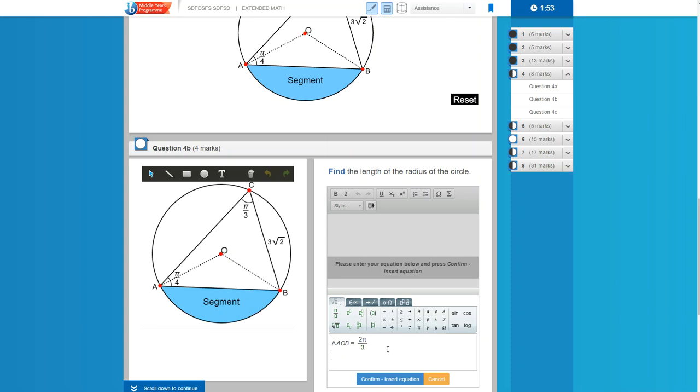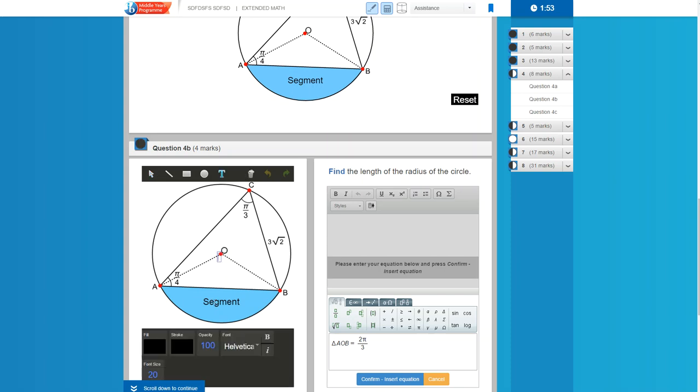Okay, so that's the size of that angle. Can I write on this? No, it just leaves it as it is. 2 pi over 3, so that's that angle.